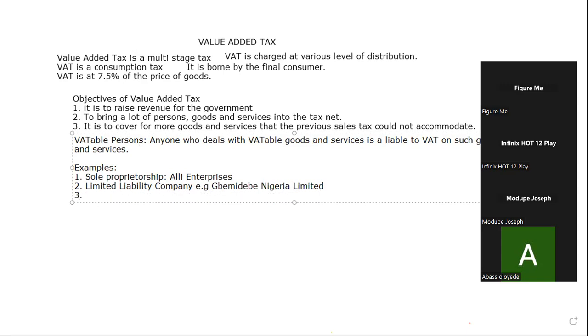Another example of VAT-able person is a firm, e.g. Erorama Gbadun and Co., or Lever Brothers and Co. Another example is clubs and society.